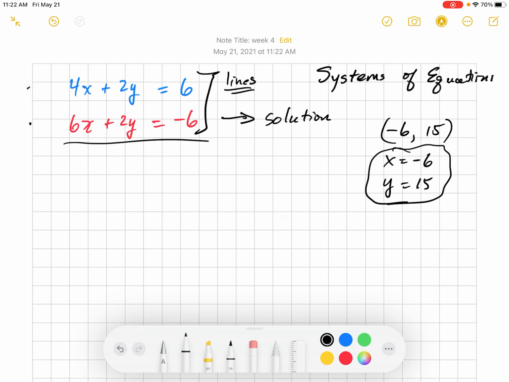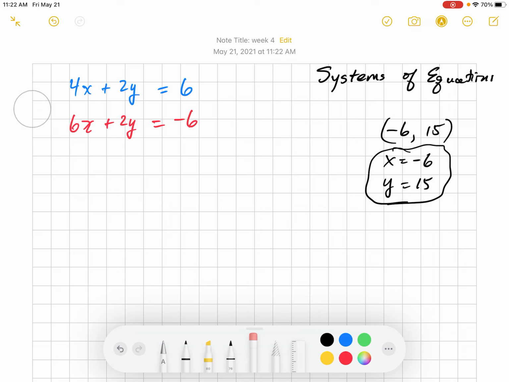But how would I solve this if I didn't want to graph it? Is there another way to solve it? Can I solve it algebraically, we say? And the answer is certainly we can. But what we want to do is, let me make some room up here. We want to do this by addition.